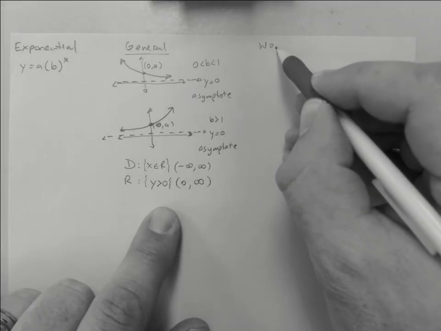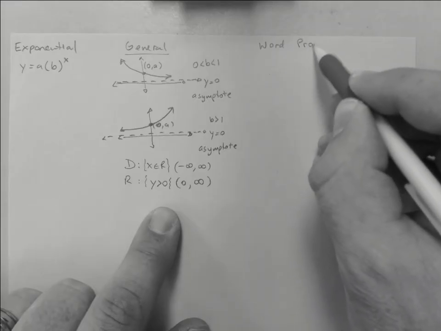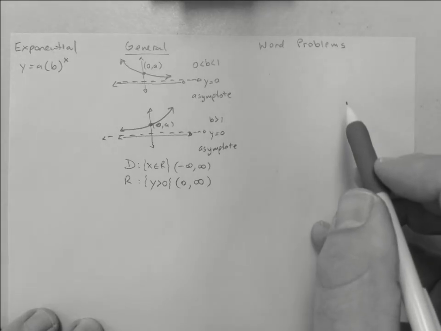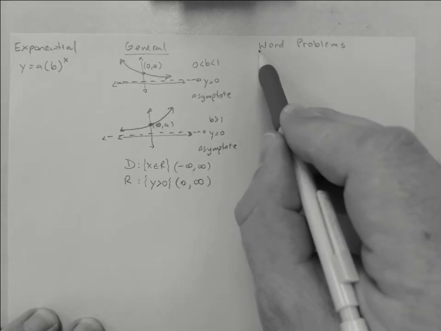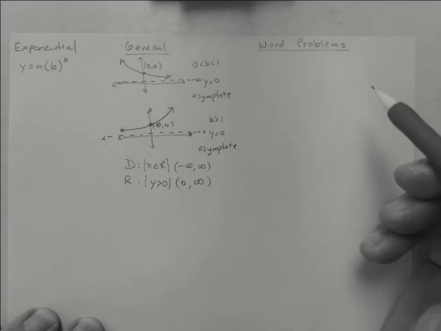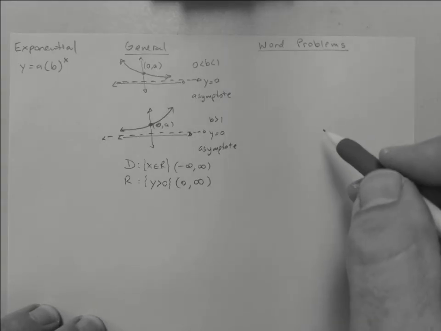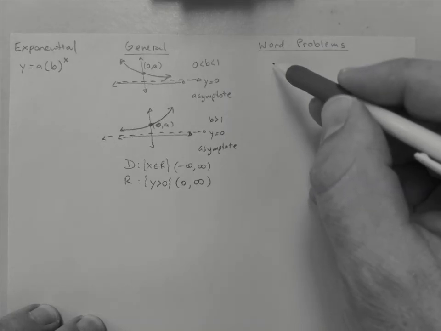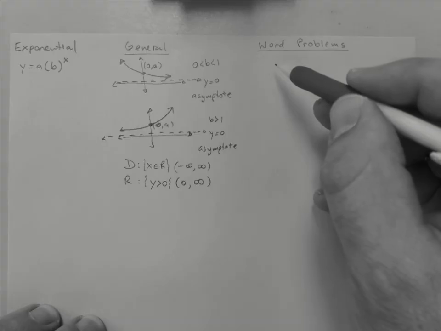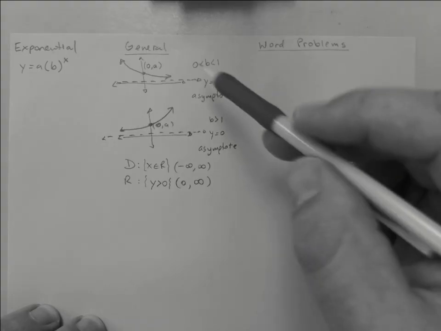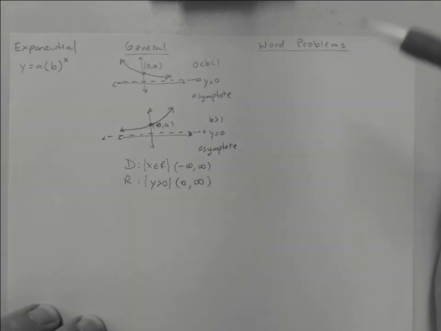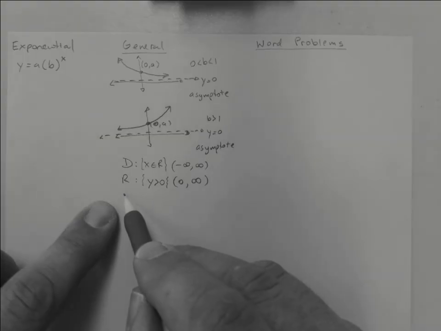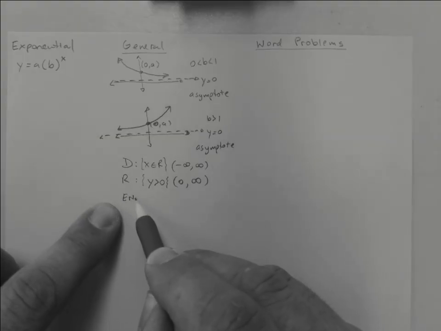But now we're going to move into word problem. So now we have to translate it into a word problem. Oh, should I do the quadrant? Can I sneak in the quadrants real quick? And end behavior.